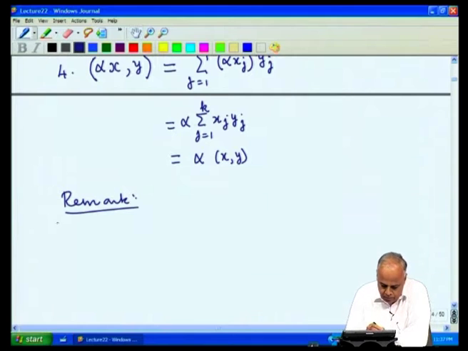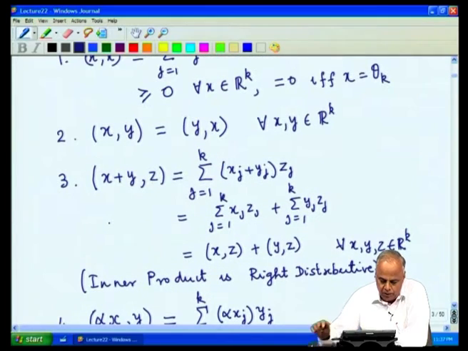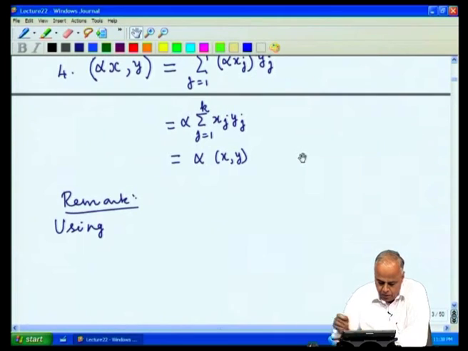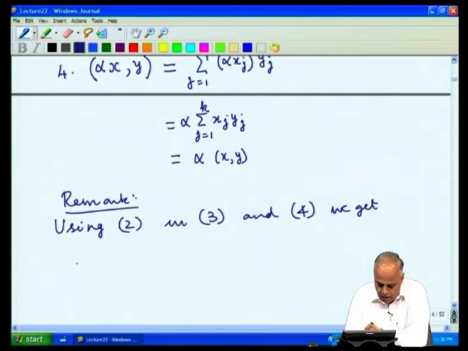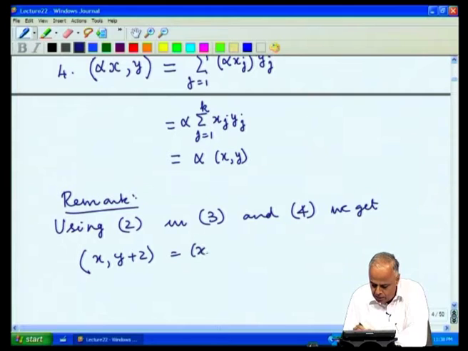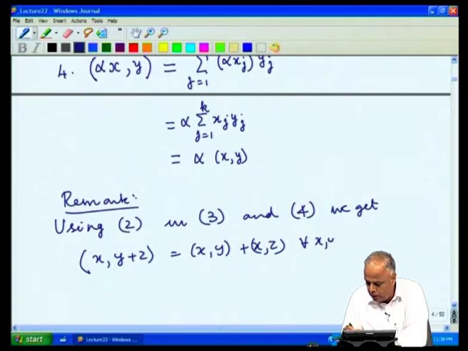So, using the symmetry property which we have called 2, in the distributive property and the scalar multiplication property, we get x comma y plus z is equal to x comma y plus x comma z for every x, y, z in R k, that is left distributive.